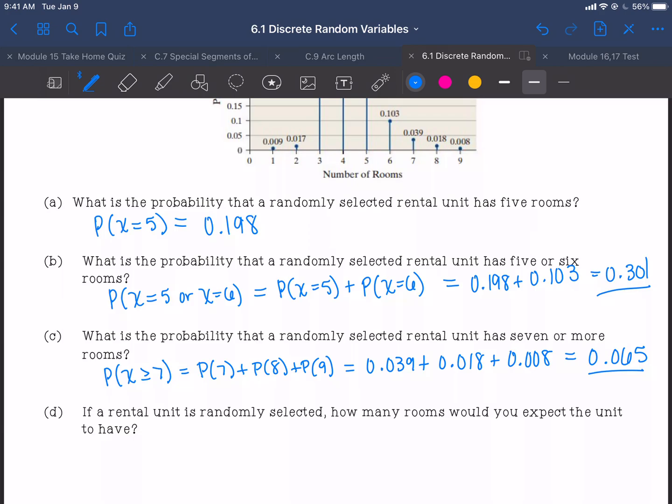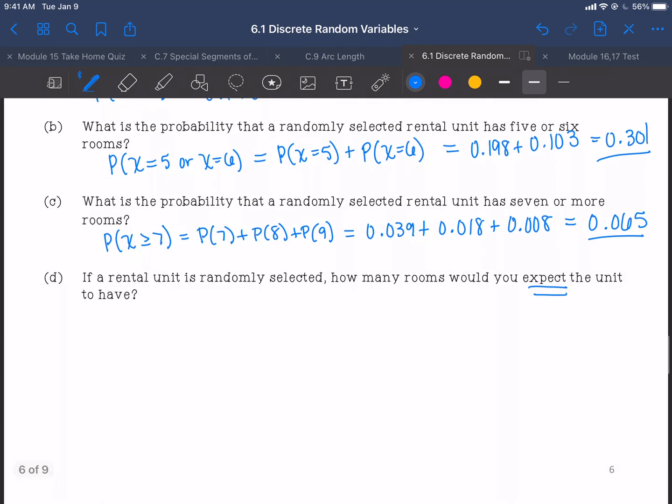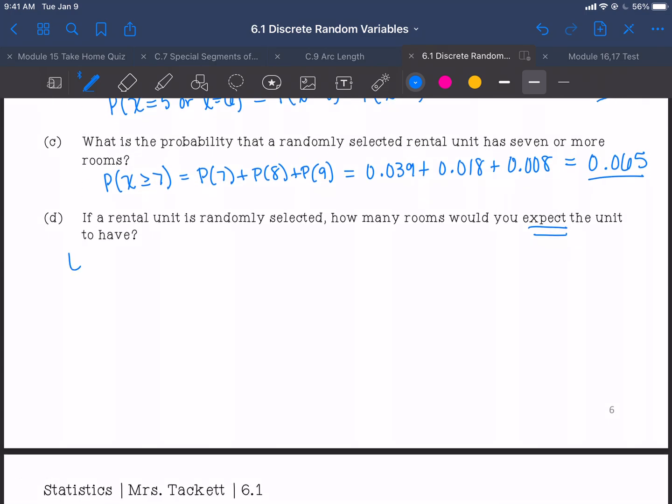So if a rental unit is randomly selected, how many rooms would you expect the unit to have? So remember, your expected value is just equal to the mean of the discrete random variable. So we're going to take the sum of each variable times its probability.